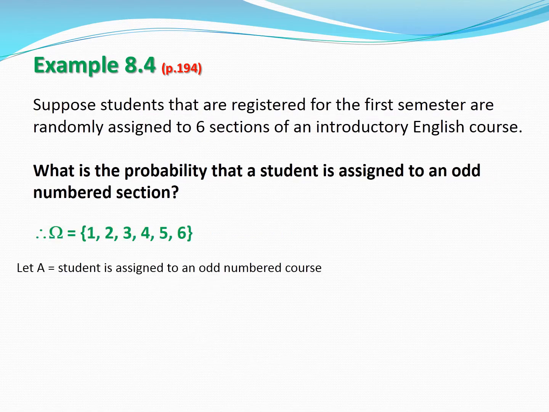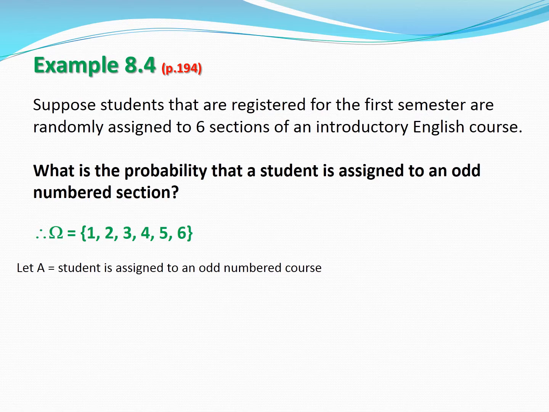There's another example on page 194. They tell you suppose students that are registered for the first semester are randomly assigned to 6 sections of an introductory English course. What is the probability that the student is assigned to an odd numbered section?